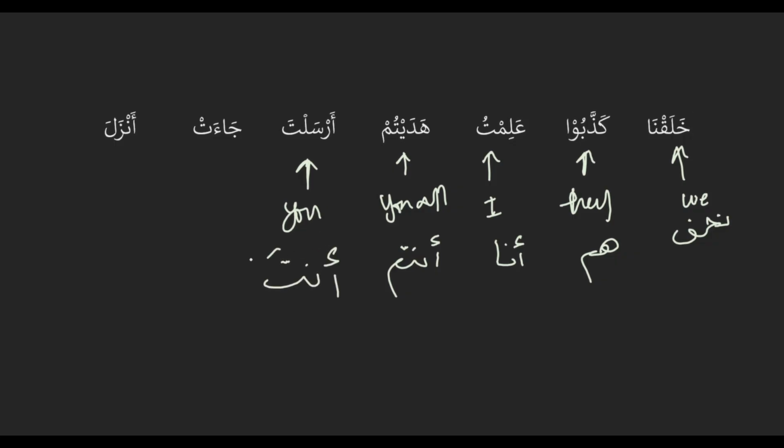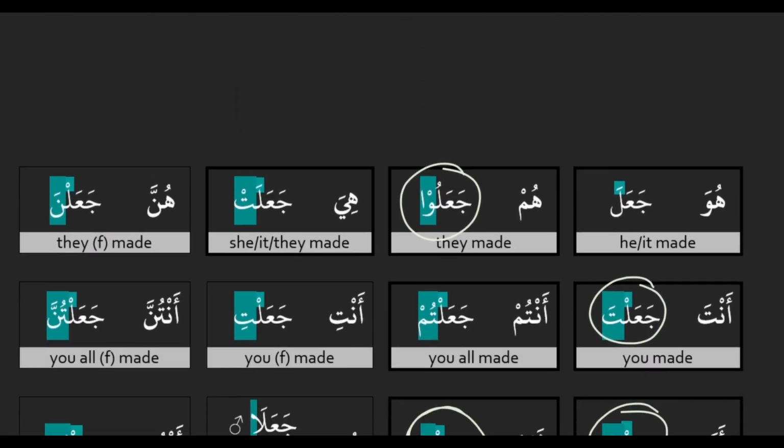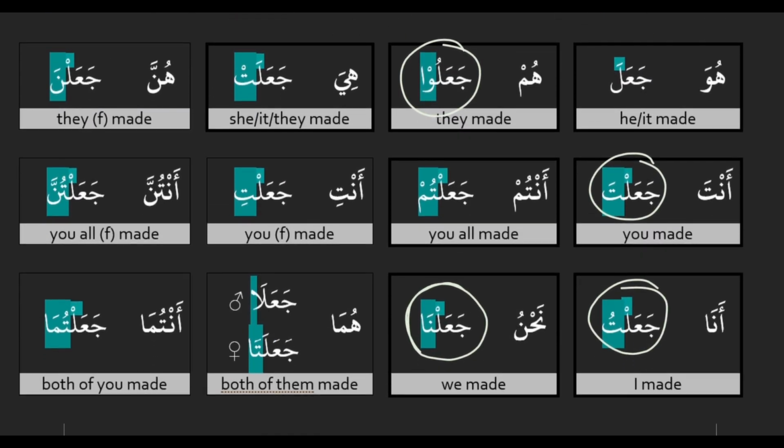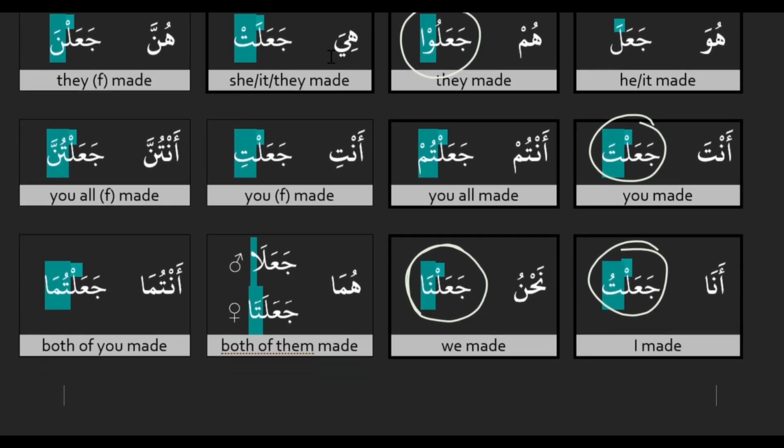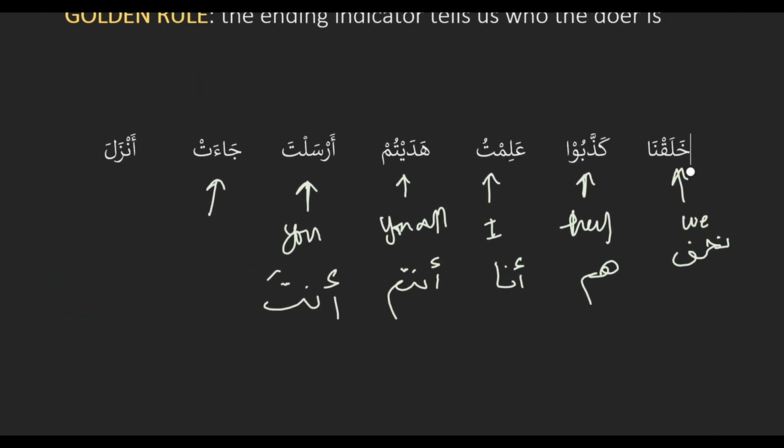Okay, what about ja'at? The at is the ending indicator for She, it, they. Just like ja'alat, we have ja'at. So the doer here is she, it, they.